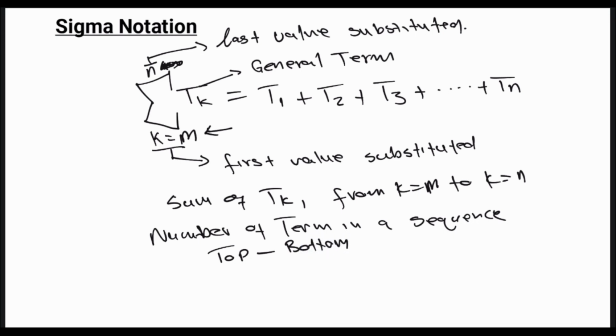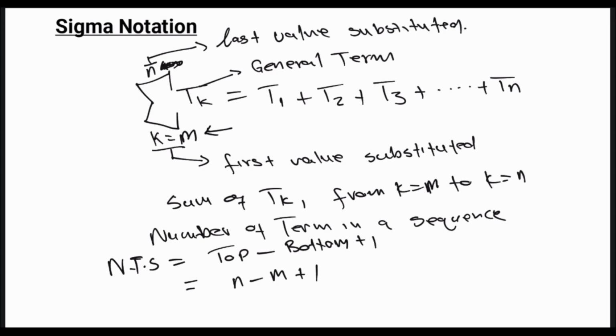But it does not end there. You add a 1. That is your number of terms in a sequence. Let me denote it as NTS, number of terms in a sequence. So the number of terms in a sequence is equal to the top number minus the bottom number plus a 1. So in a more general way, we could say n minus m plus 1.